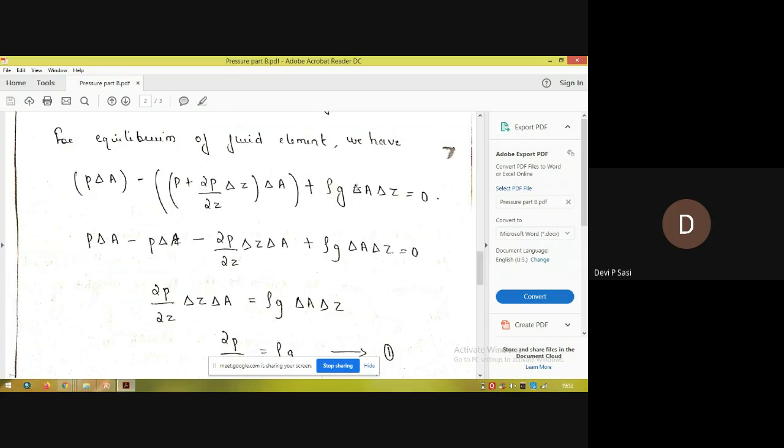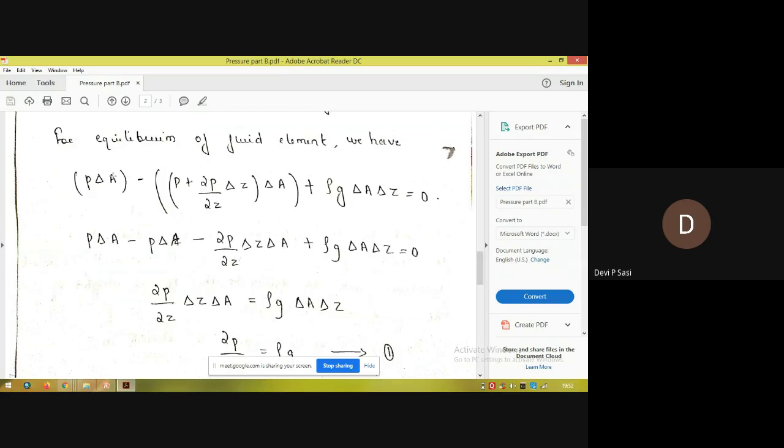You know, the first term, that is P delta A, the force on AB, is acting in a downward direction. Similarly, weight is also acting in a downward direction. So the first term and third term will have the same sign. And the second term is the force acting on CD.